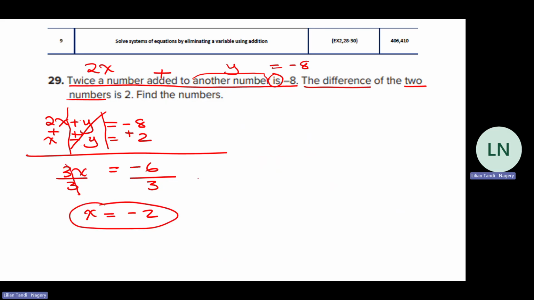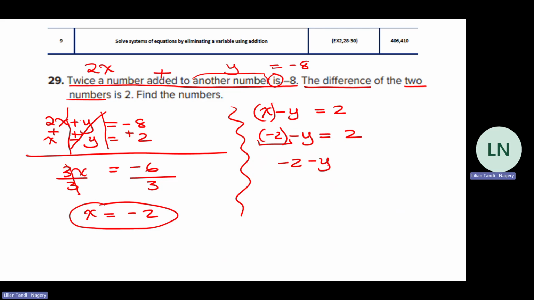Then I need to find y. I will use the second equation. x minus y equals 2. I know x, negative 2 minus y equals 2. I will solve this. It will be negative 2 minus y equals 2. I will add 2 on both sides.